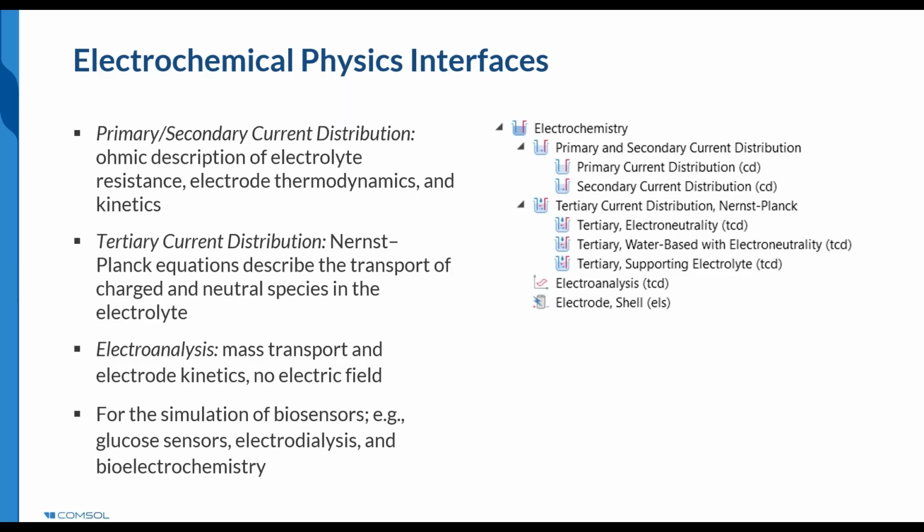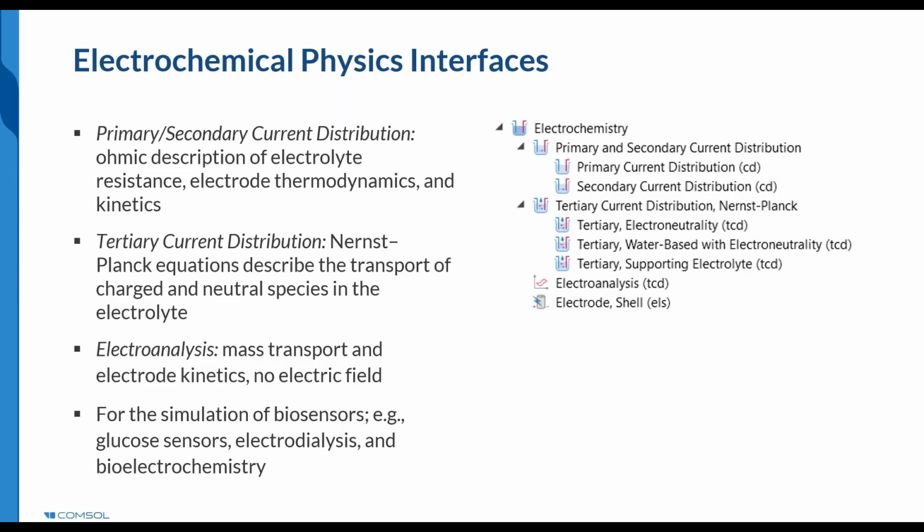Our primary and secondary current distribution interfaces take an ohmic description of the electrolyte resistance, so it just describes the current distribution and the potential within the electrolyte using Ohm's law. The primary current distribution relates the electrode and the electrolyte potentials by the equilibrium electrode potential, whilst the secondary current distribution also includes the influence of electrochemical kinetics.